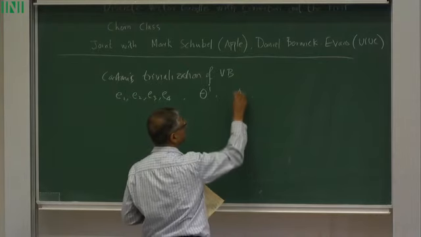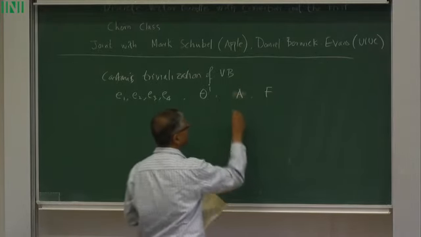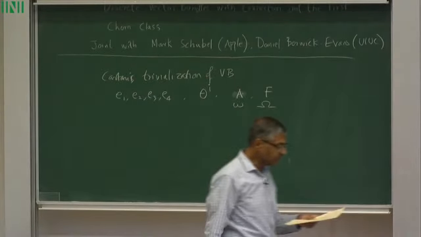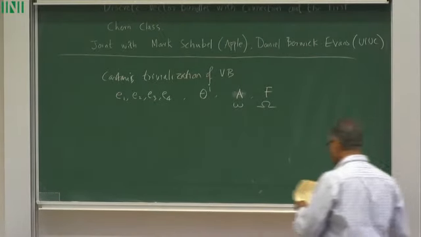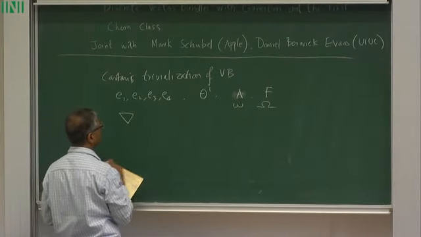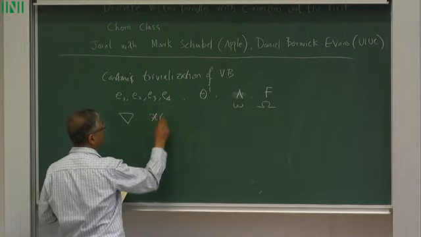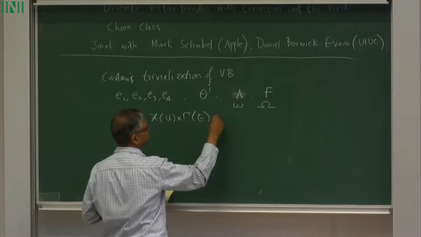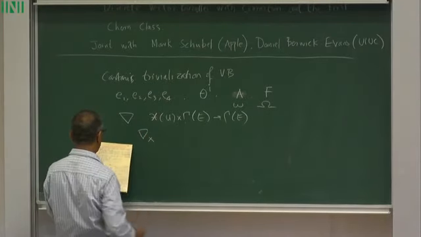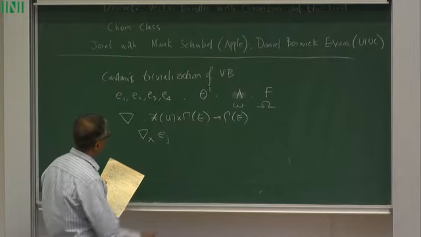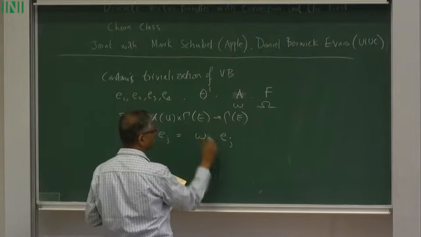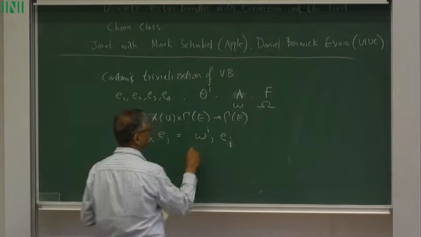So I guess physicists might write that as A and F. Sometimes in math people write that as little omega and big omega. The connection is a map from vector fields and sections to sections of the vector bundle. Given any vector field X, the nabla of any section along that can be written in terms of the frame, and that's how you get a matrix.